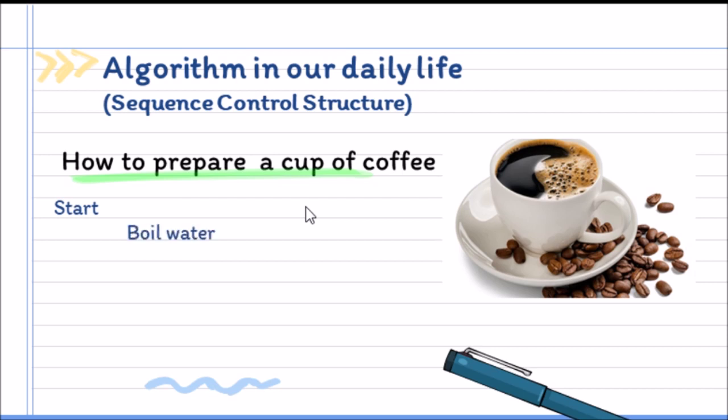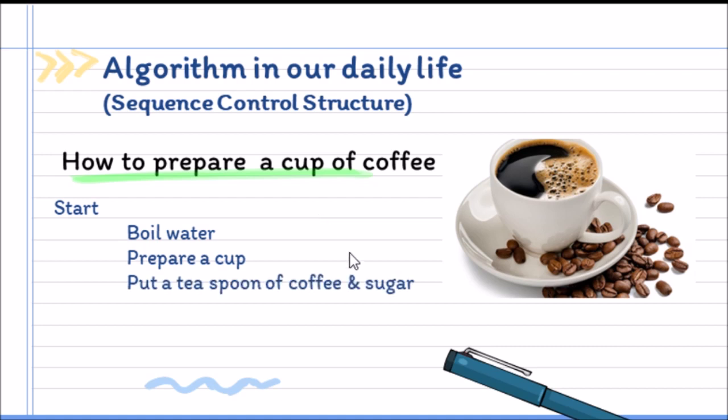Start. Boil water. Prepare a cup. Put a teaspoon of coffee and sugar. Pour hot water. Stir and stop. Many things that we do in our daily life are related with algorithm.